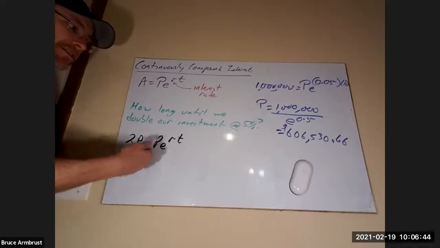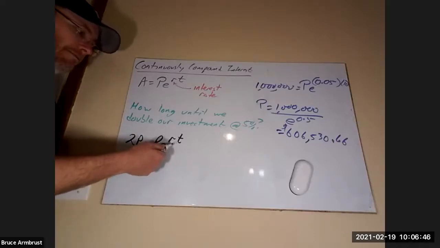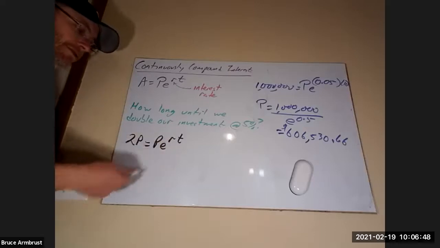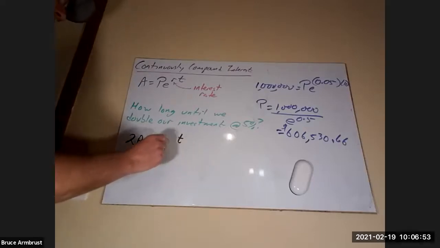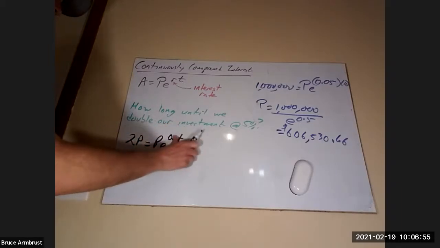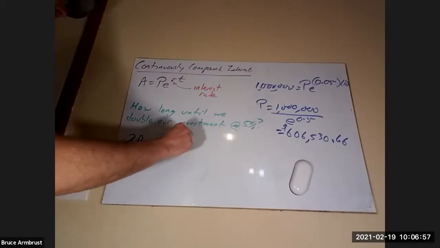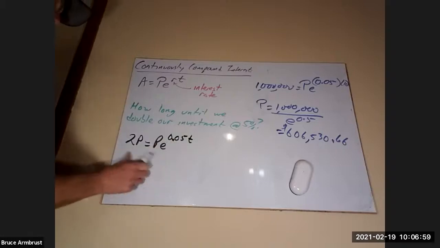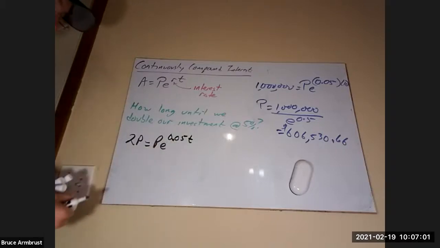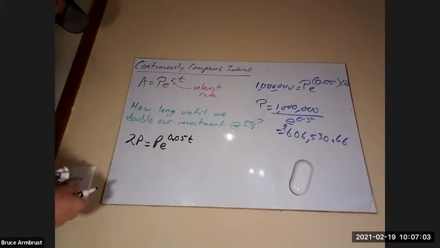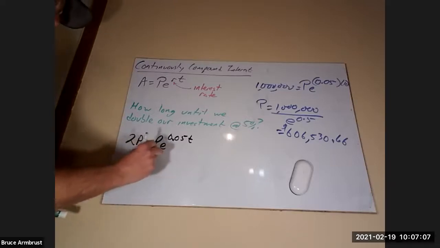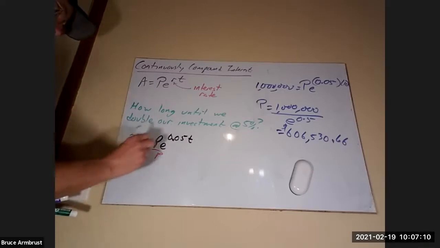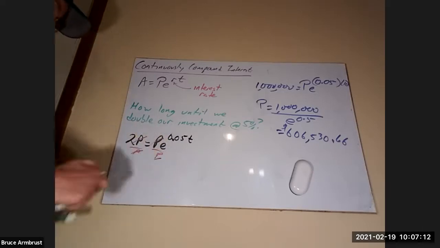And I want to solve this for time, right? Let me put in my interest rate as well. So we've got 2P equals Pe^(0.05t). The first thing I'm going to do is divide by P. And when I divide by P, notice that it cancels on both sides.